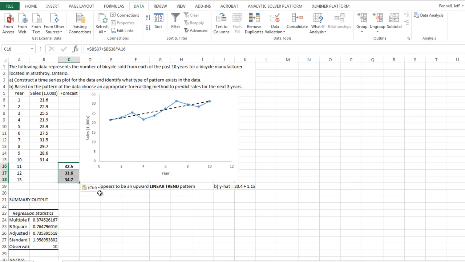We should also be able to see, because of the linear upward trend, year after year, our sales are progressively getting slightly better than the previous year. So year 11, we're projecting 3,250 units to be sold. Year 12, 3,360. And year 13, 3,470 units.